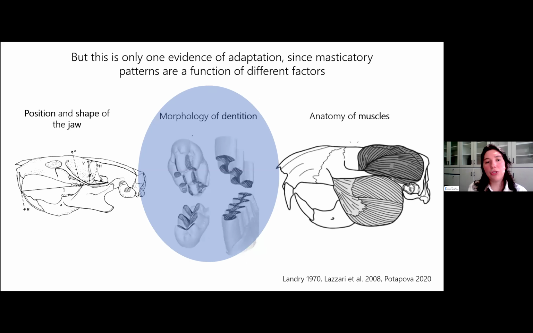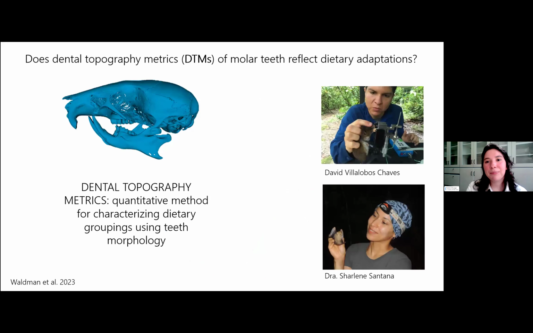Okay, so we talked about jaws and we talked about muscles, but what about dentition, which is a feature directly related to diet? This project is led by PhD student David Villalobos-Chaves and his advisor Sharlene Santana.